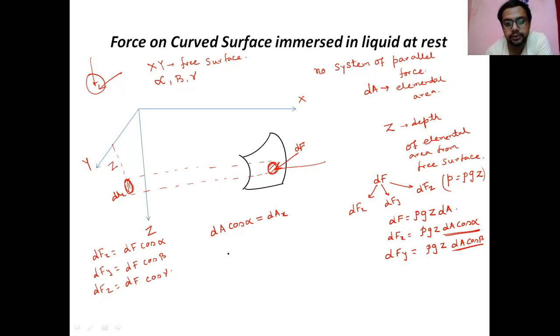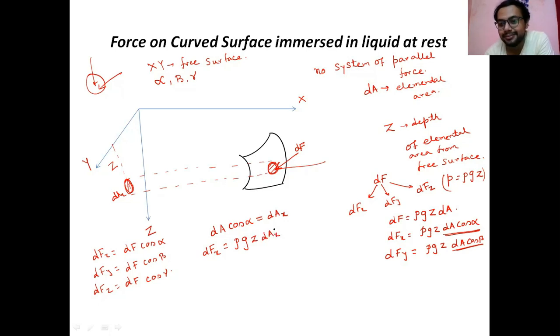So the force dFx will be rho g, then the area, before that the centroid. The centroid is here because it is a very small area.